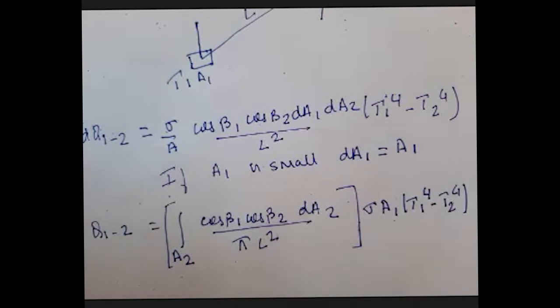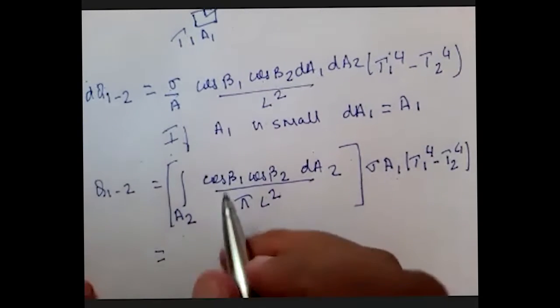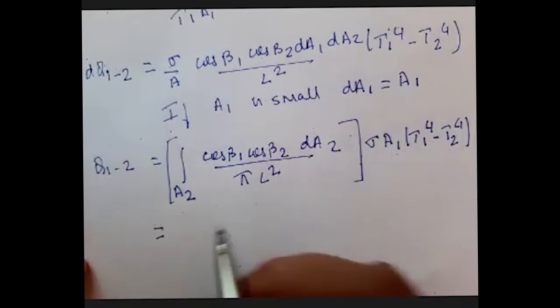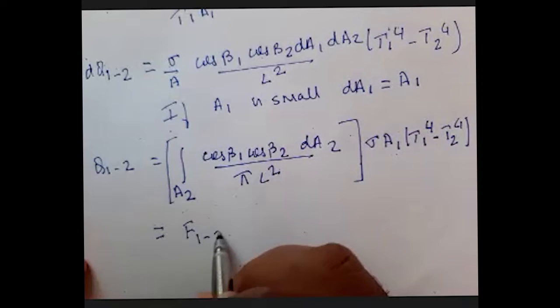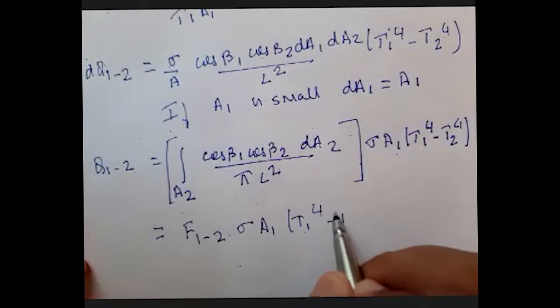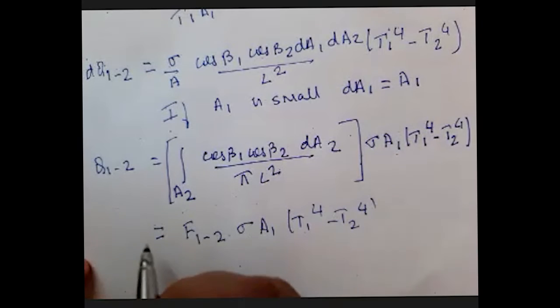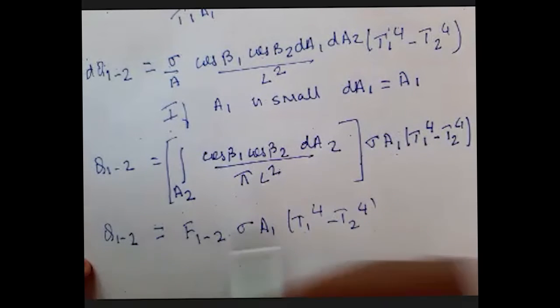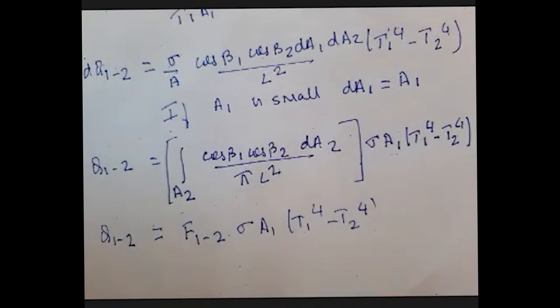Again, if I write down the shape function, whatever is within the square bracket will be the shape function, that is F1 to 2 into sigma A1 into T1 raised to 4 minus T2 raised to 4. That is the heat exchange between 1 to 2. Similarly, on the same background, I'll have 2 to 1. So this is about the heat exchange between a finite surface and a small surface element.